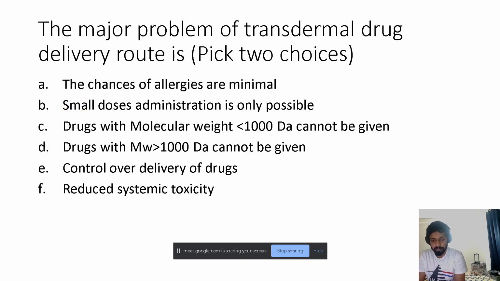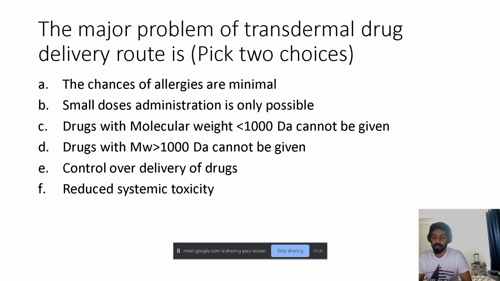Okay. The major problem of transdermal drug delivery route is, pick two choices. The chances of allergy are minimal. Small dose administration is only possible. Drugs with molecular weight less than 1000 daltons cannot be given. Drugs with molecular weight greater than 1000 daltons cannot be given. There is control over delivery of drugs, or there is reduced systemic toxicity.